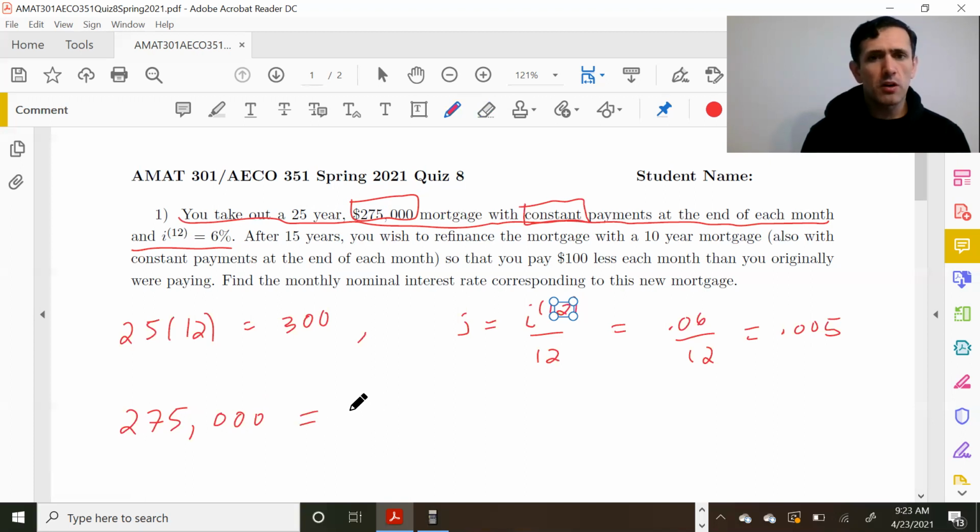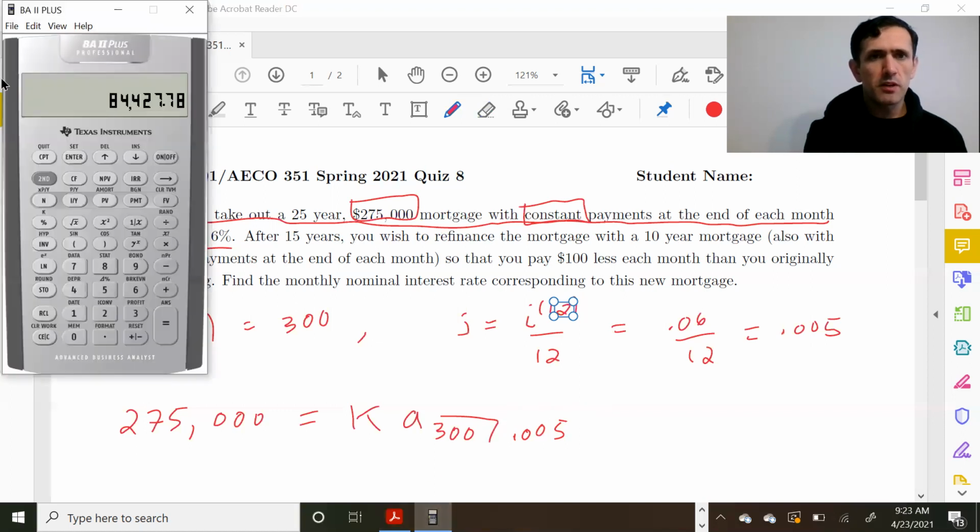So 275,000, let's call it K, is going to be K times A300, just a present value formula for an annuity. Payments are at the end of each period, so we're in annuity immediate mode.